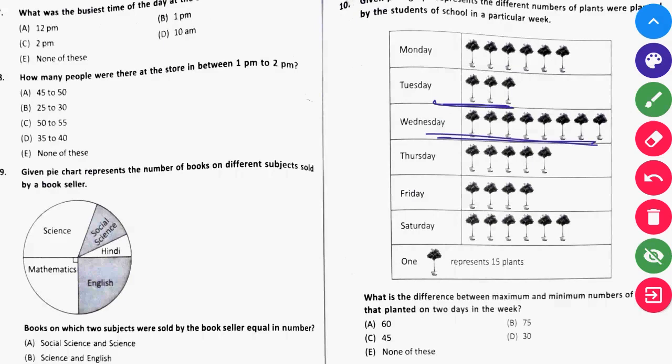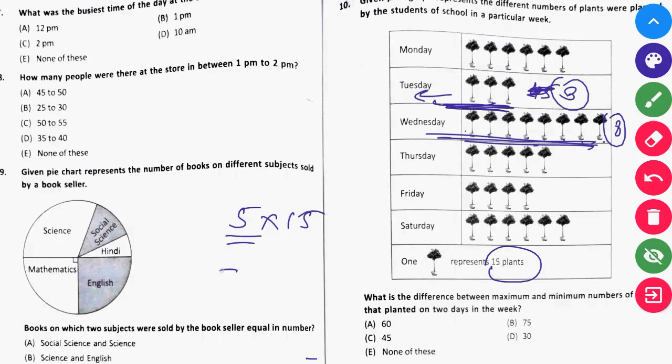Okay, they had planted some trees, and one tree represents 15 plants. So on Tuesday they planted only 3, that is 3 into 15, that is 45. And on Wednesday they planted 1, 2, 3, 4, 5, 6, 7, 8 groups. Okay, now 8 groups on Wednesday and 3 groups, the least, on Tuesday. So we have to find the difference. So the difference is 5 multiplied by 15. So 75 is your answer.